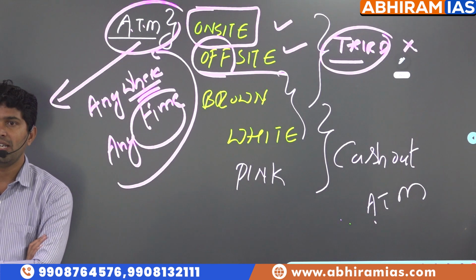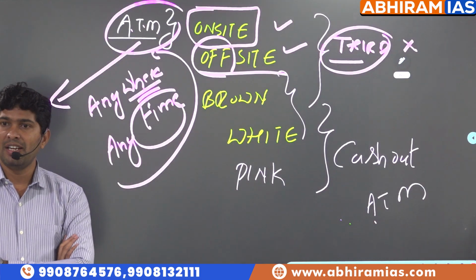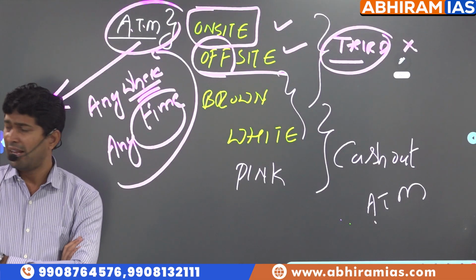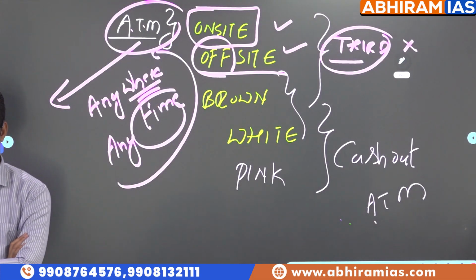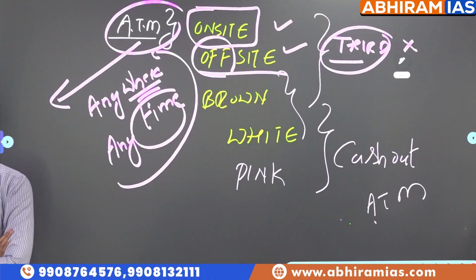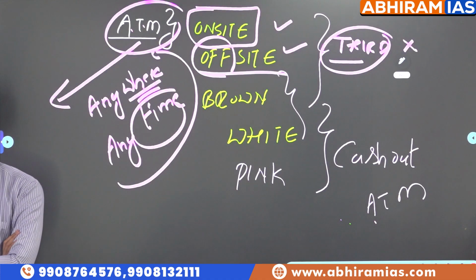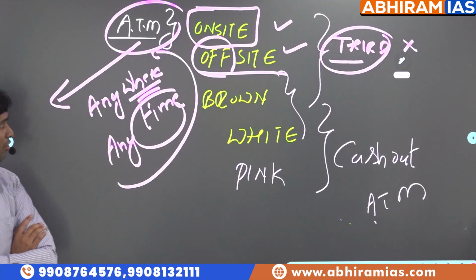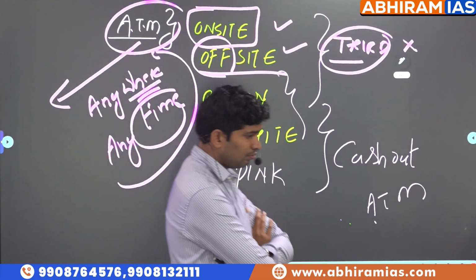Suppose I want to withdraw 15 lakhs. I can withdraw 15 lakhs in my home branch, but I have to give the reason also, of course. But I can't withdraw 15 lakhs from a non-home branch. There is a definite limit. Now got clarity? Third-party ATM, home bank ATM, home branch ATM, non-home branch ATM. Now UPSC twisted the question.